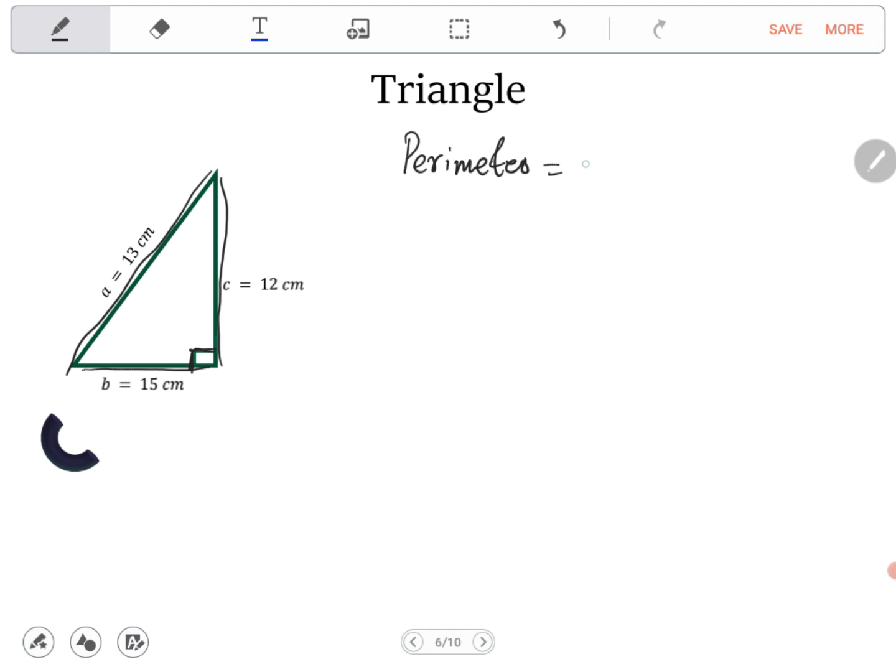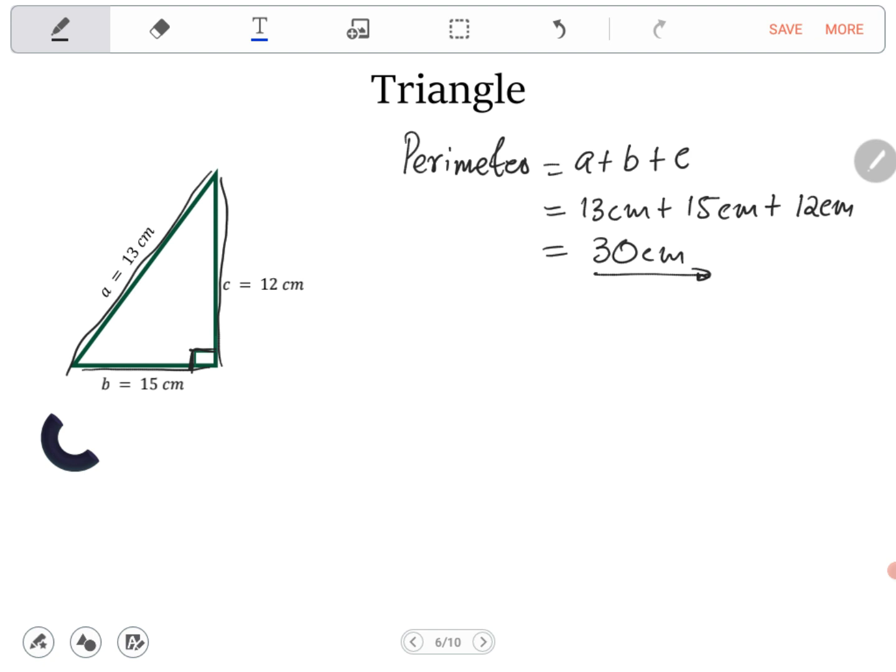So we simply say the perimeter of a triangle will be A plus B plus C. A is 13 centimeters, B is 15 centimeters and C is 12 centimeters. This should give us a total of 40 centimeters in terms of perimeter. All right. So for the perimeter of a triangle, we don't have a special formula. It's simply that.